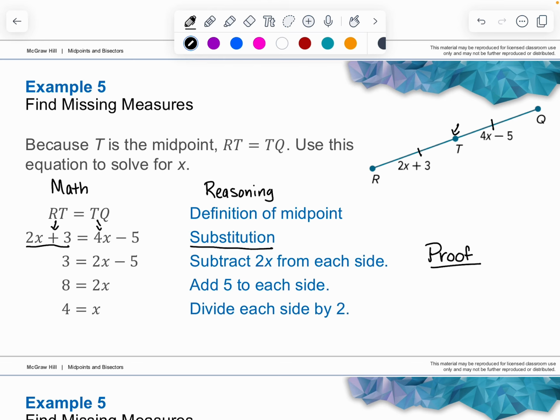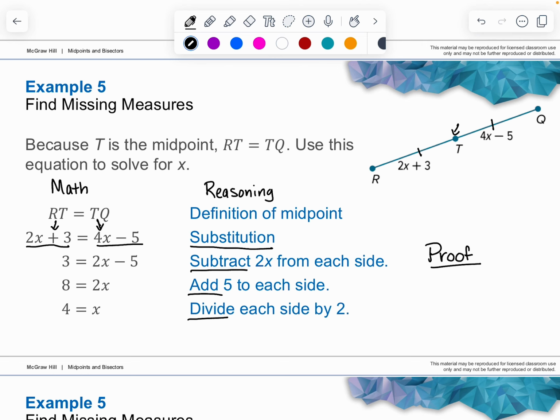And TQ, we could also substitute with 4x plus 5, or minus 5. And then we're going to do some subtraction. And then we're going to do some addition. And then we're going to do some division. Proof is just where we write out our reasoning, how we could do what we did on the math side.